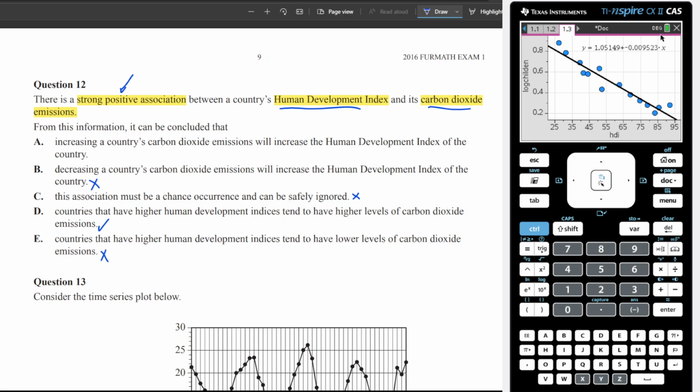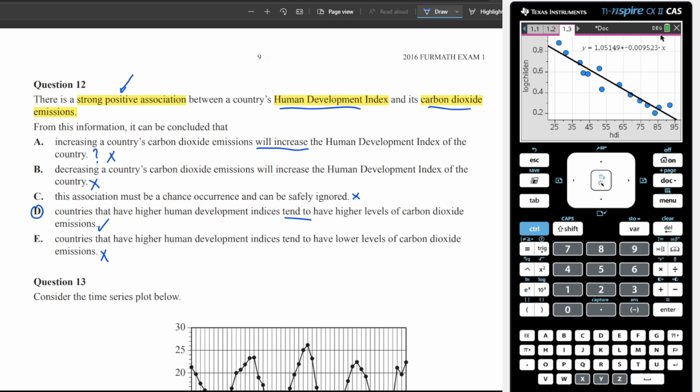But let's just quickly look at A. Why is A different to D? D is our answer, but why is A different? That was originally a question mark, and now we've said it's not true. In D, countries that have higher human development indices tend to have higher levels of carbon dioxide emissions. That's different from A, which says increasing a country's carbon dioxide emissions will increase the HDI of that country. So the main difference is causation. Option D says there is an association, and that it is a positive association.